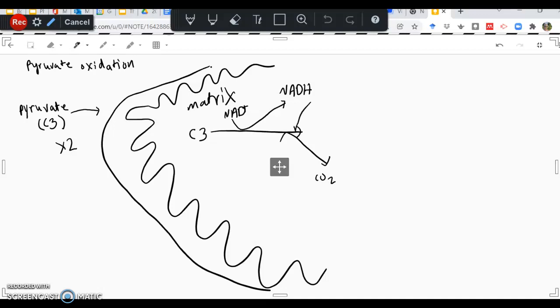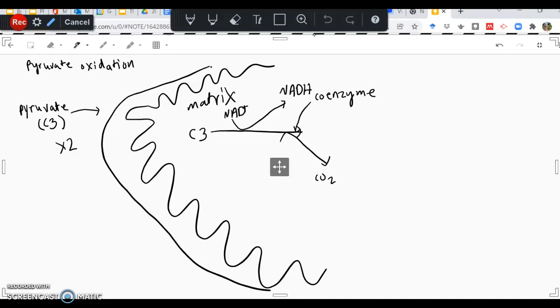Coenzymes do not get used up during the reaction, but they do help the enzyme in different ways. So this coenzyme is coenzyme A that will come in.